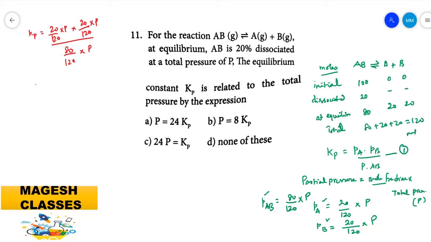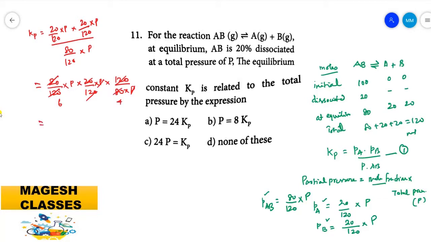This is equal to 20 divided by 120 into P into 20 divided by 120 into P into 120 divided by 80 into P. Here the P cancels, 120 cancels, and 120 by 20 gives 6, and 20 by 80 will be 4.